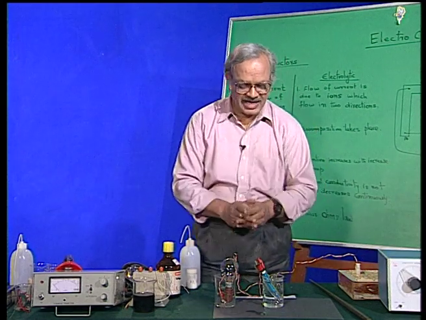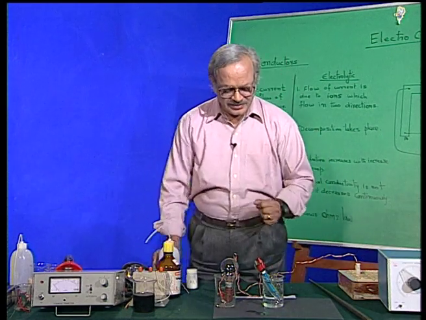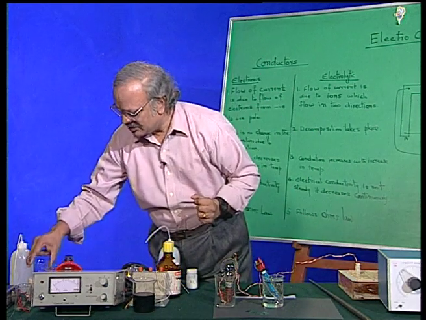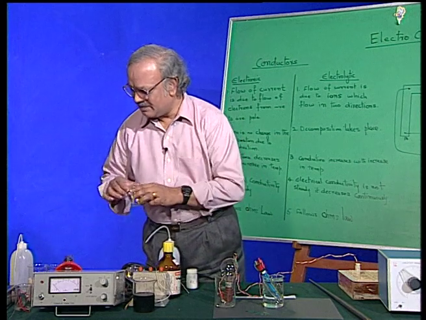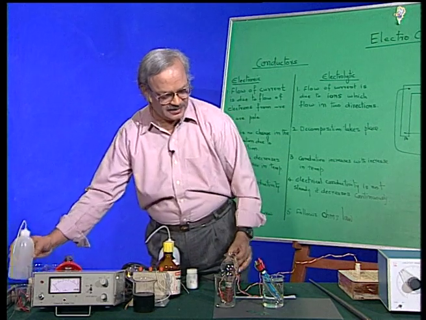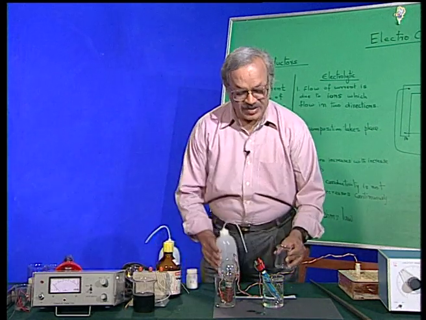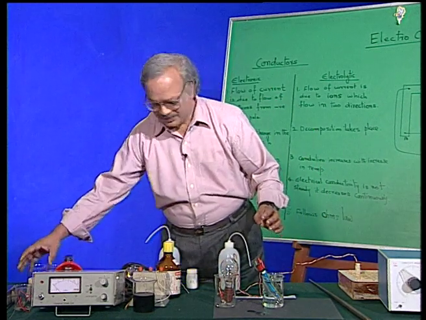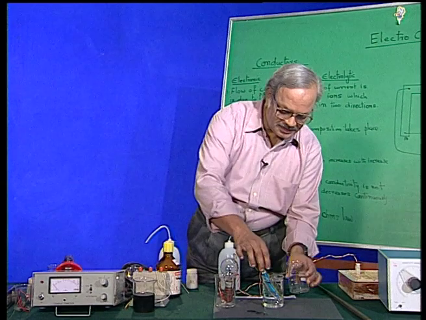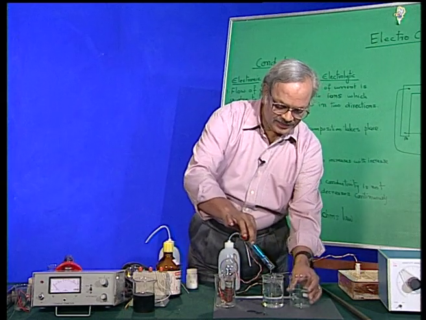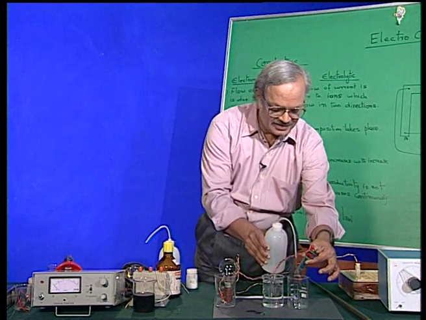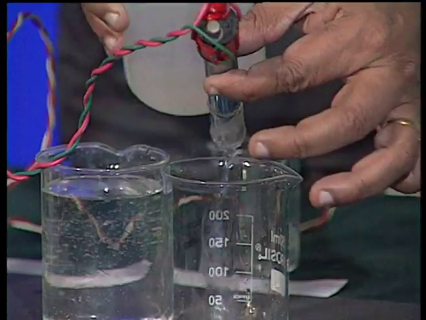I have switched off the light now, and just for the sake of comparison, we will see what happens when we place this in some other substance. Okay. What we do now is we will wash this because it is already used for glacial acetic acid. I am washing this with water.